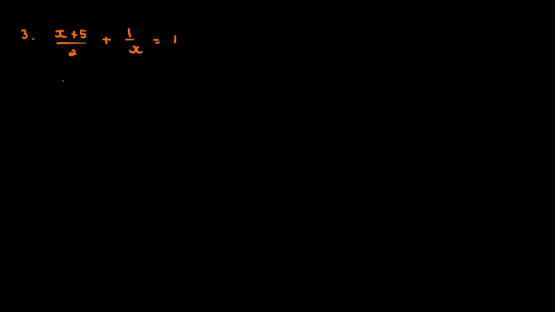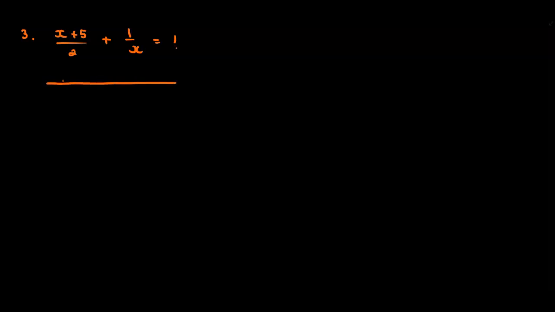Let's say we have x plus 5 over 2 plus 1 over x is equal to 1. So we had questions like this from before. So what we did, we took the LCM across. LCM of the entire statement.